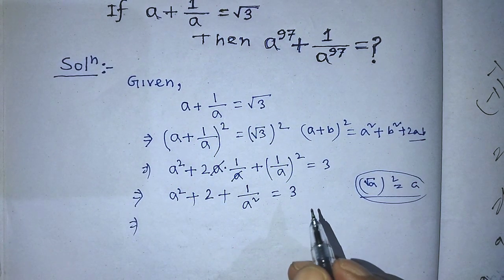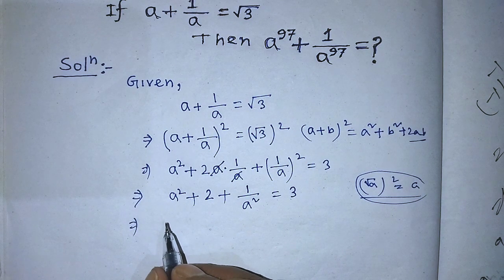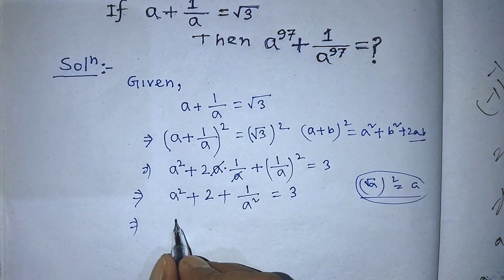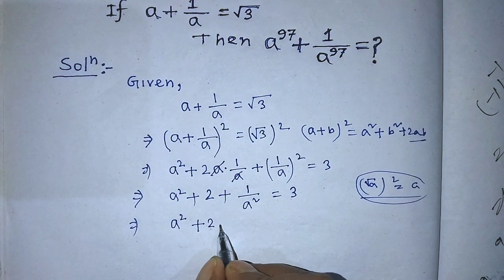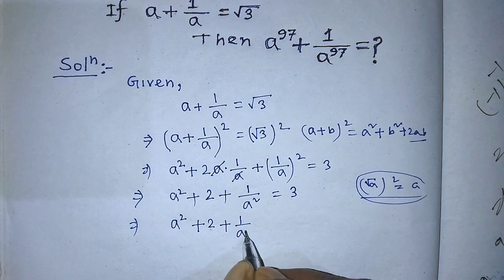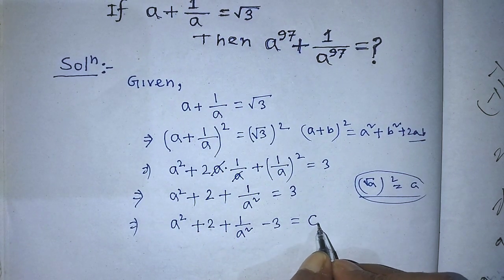After that we transpose 3 from the right side to the left hand side. So on the left hand side we write a square plus 2 plus 1 over a square minus 3 is equal to, on the right hand side, 0.